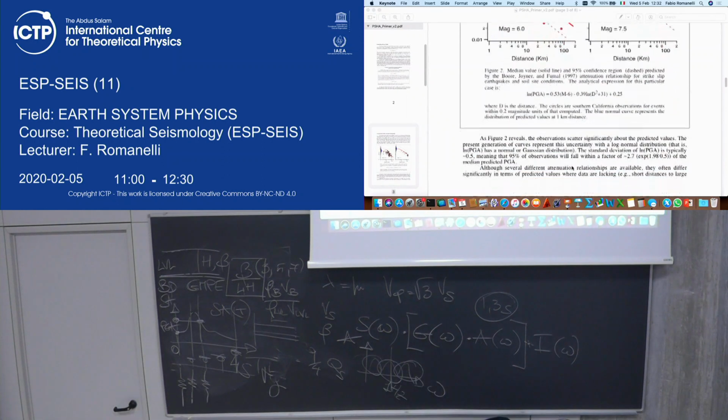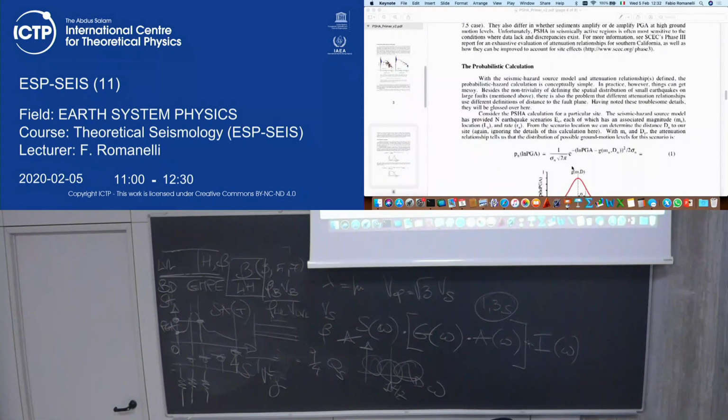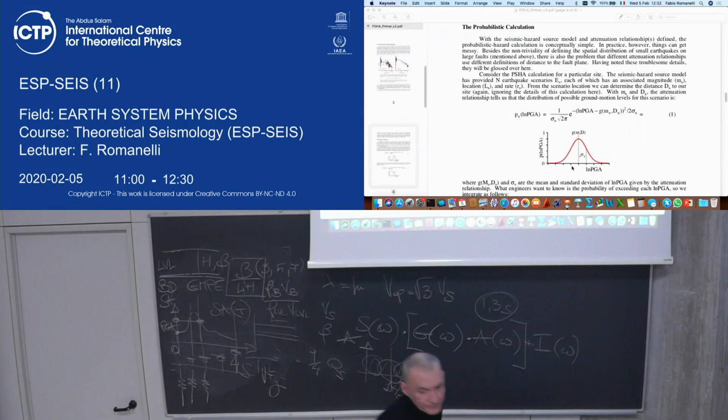What you can do next is this. Now you can compute the probability of having a ground motion larger than a given value, given that magnitude at that distance. What you have to do is to compute a Gaussian integral. And you can compute the probability to overcome that value of the ground motion, okay?